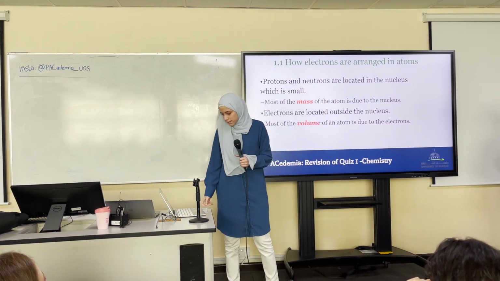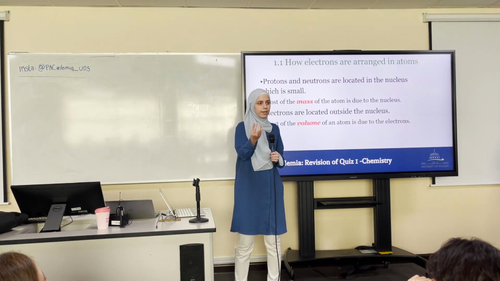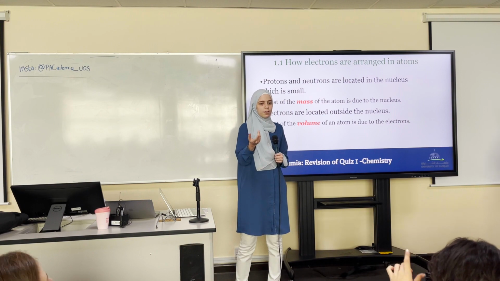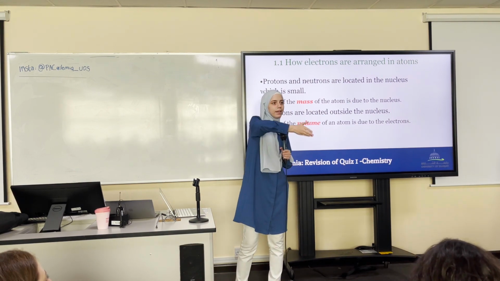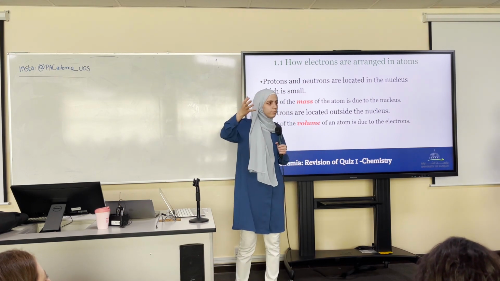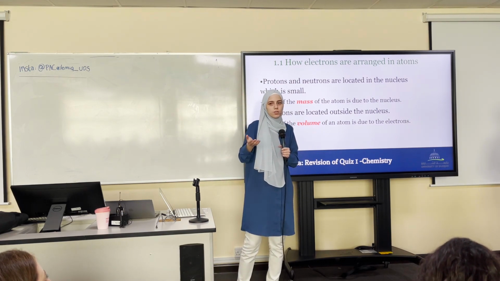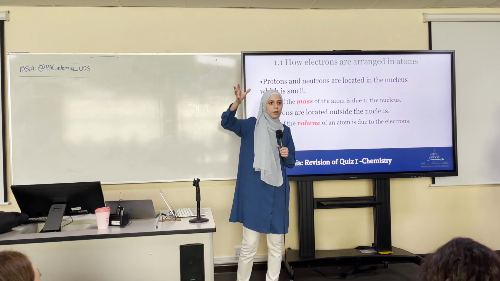Most of the mass of the atom is due to the nucleus, because the mass of protons and neutrons is higher than that of electrons. And most of the volume is because of electrons, because they are running around the nucleus.